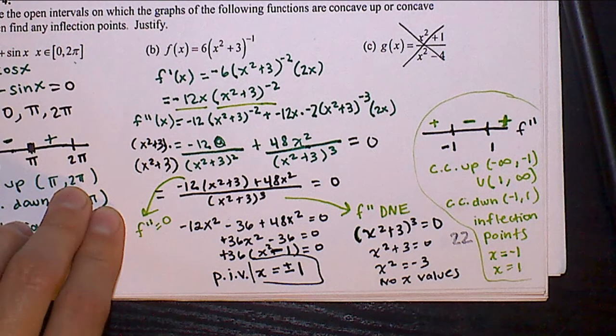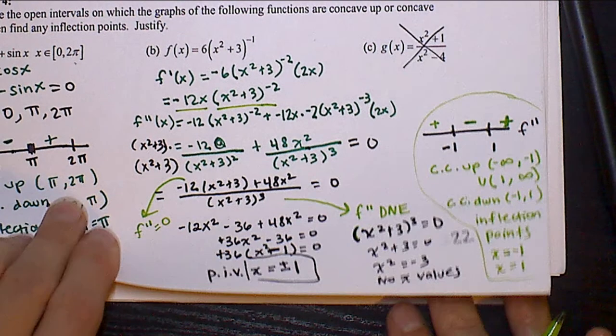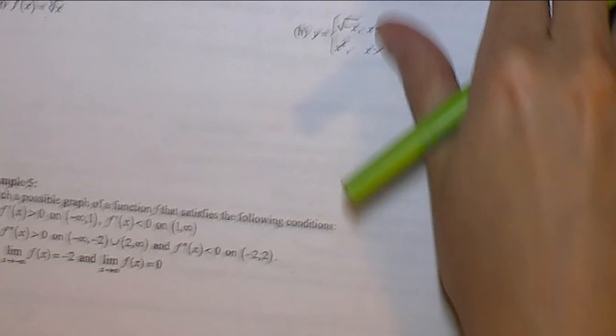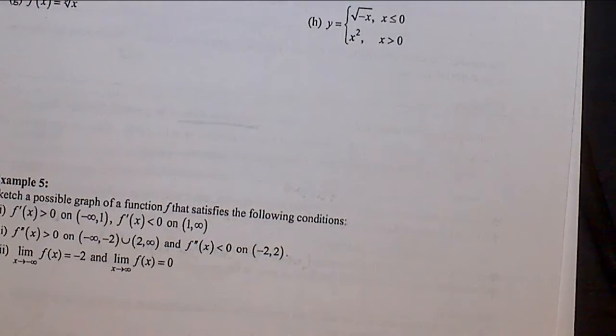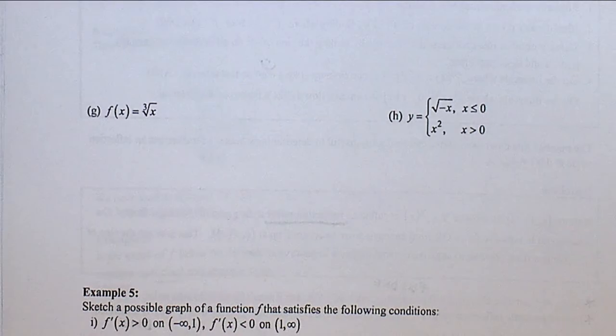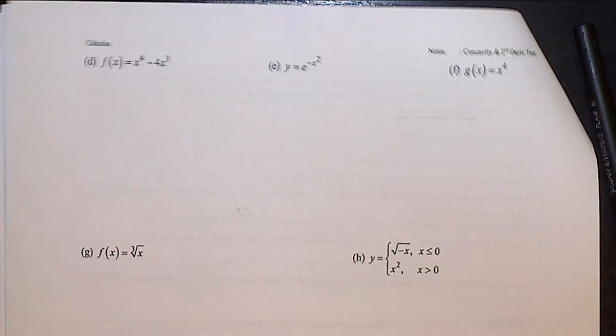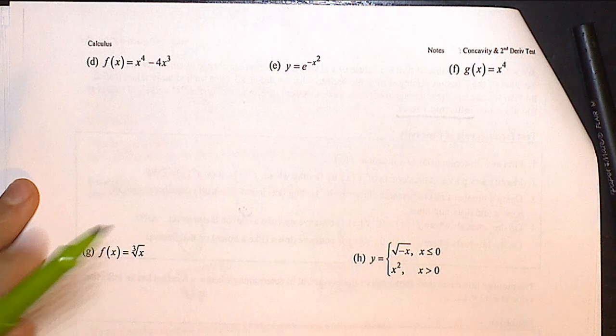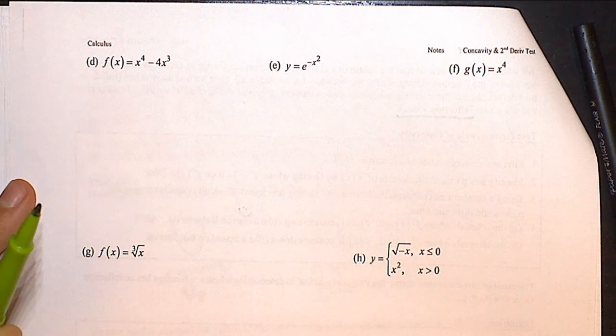Okay. So on the back, there's a bunch more problems, where it's just practicing the same things. So finding where the concavity changes and the points of inflection. I'm just going to do one of these.